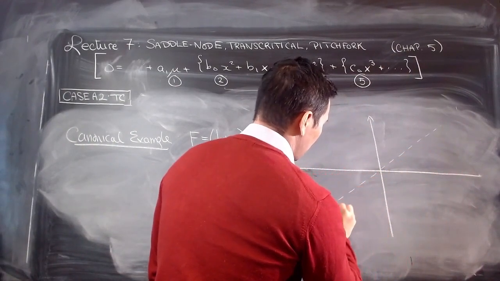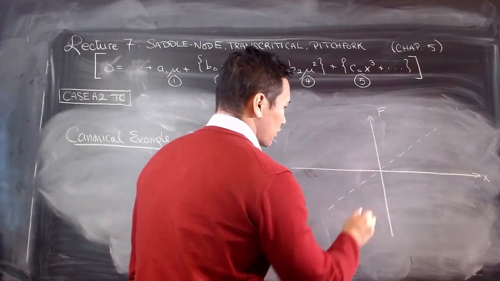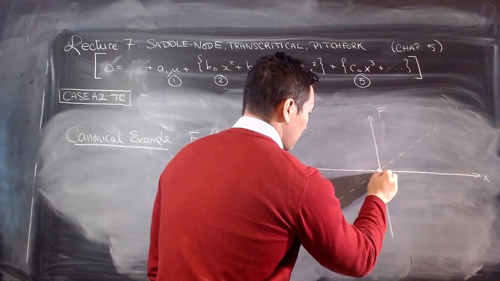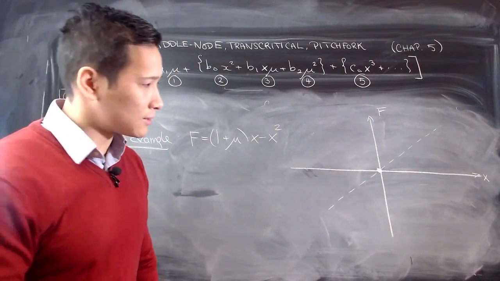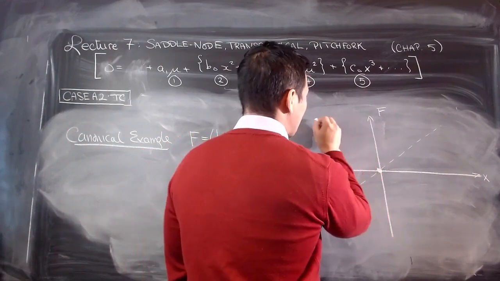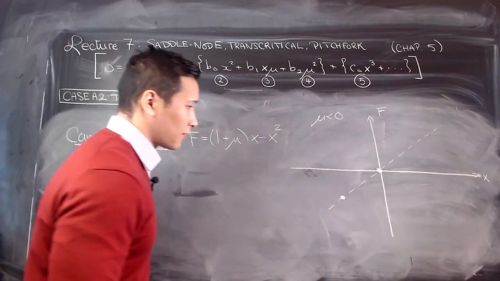There's our line y equals x, and obviously I'm just doing a sketch here. This is not an exact picture. I know that there's always going to be a fixed point around 0, and I know that when mu is less than 0, there's a fixed point on the negative side of this.